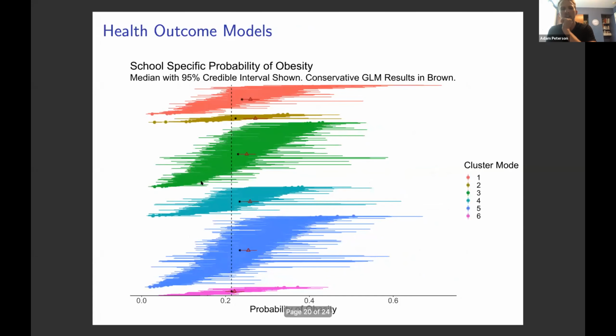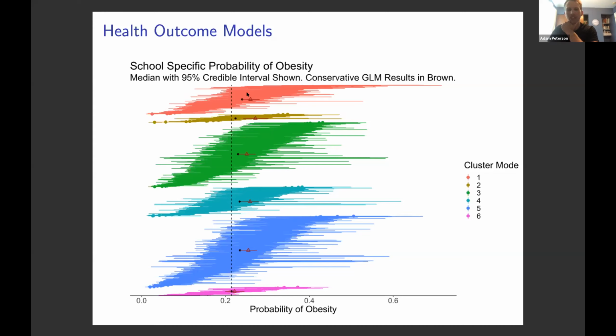As we look at these health outcome results, what you might think intuitively is, hey, the further away the fast food restaurants are, maybe the lower the probability of obesity.